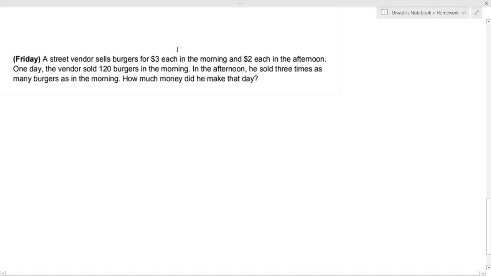So they said he sold burgers for $3 in the morning and $2 in the afternoon. One day he sold 120 burgers in the morning. So is it 120 times 3 equals 360? And then he said in the afternoon, he sold 3 times as many burgers as in the morning.